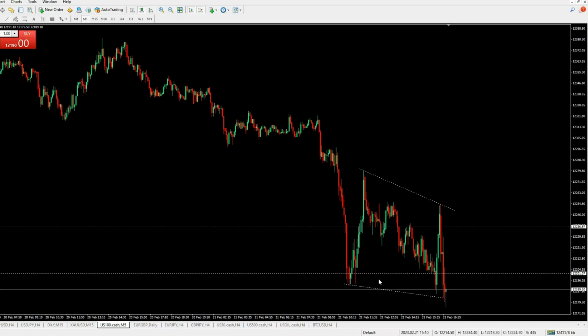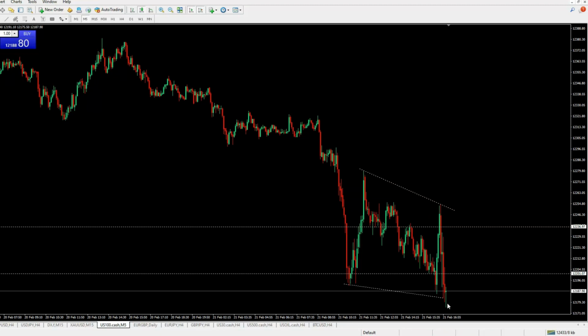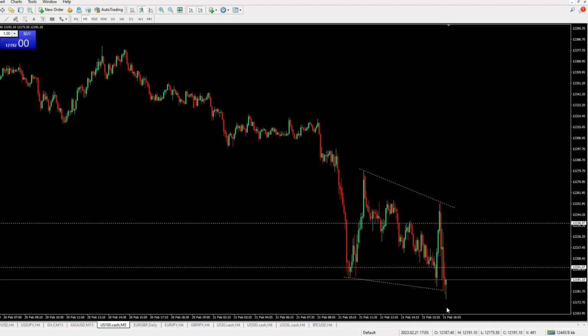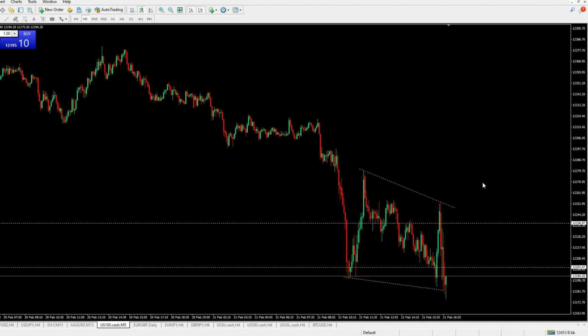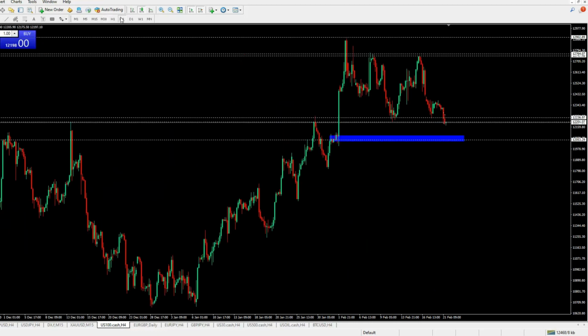It gets a strong uphill pump, and then it gets a slow, dragged out retrace, and then another strong uphill pump. See that pattern? They call that a running flat. Boom. And then often with a running flat, it'll break the low of the running flat, and then it'll go up again.